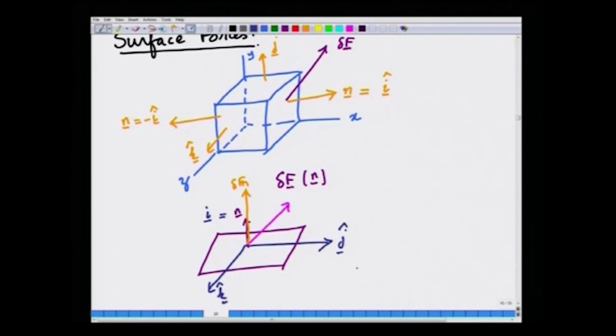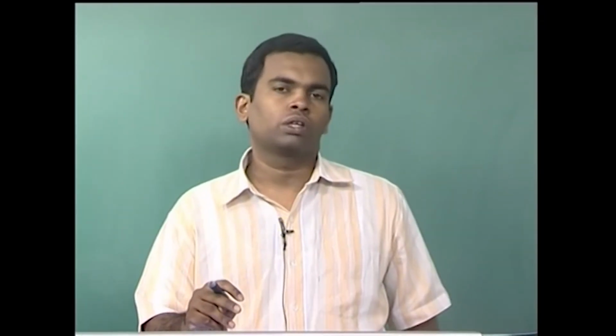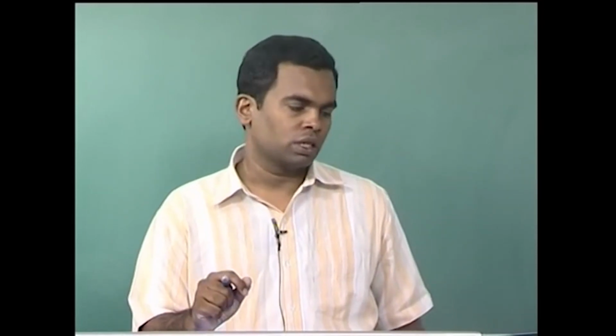So, the force acting on any given surface can be resolved into three components along the three coordinate directions: one along the outward normal to the surface, and the other two parallel to the surface.